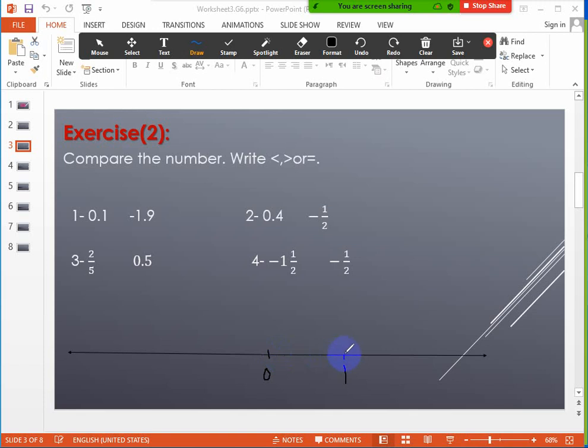If you divide the distance between 0 and 1 into 10 equal parts, 0.1 will be in the first part. This is 0.1.